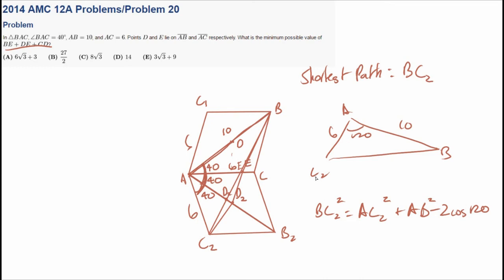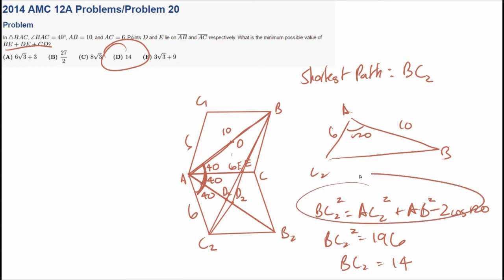And if you calculate that out, you get BC2 squared equals 96, since you just plug these values in. BC2 equals 14. So the correct answer is D, 14. And notice how we did that using reflections and law of cosines. This is law of cosines, I forgot to mention.